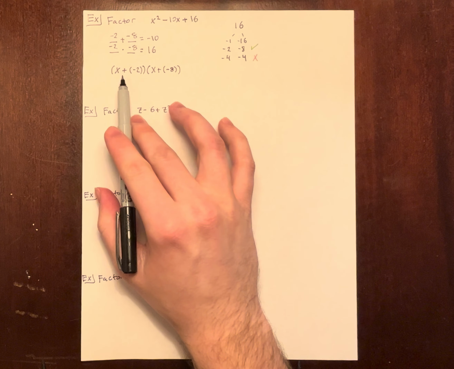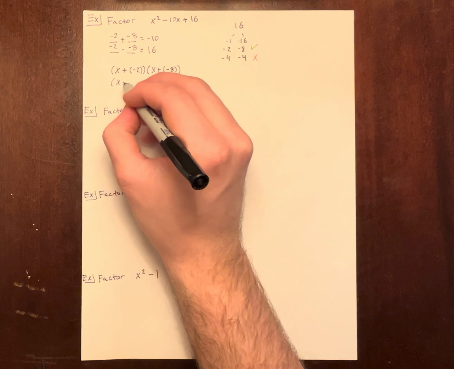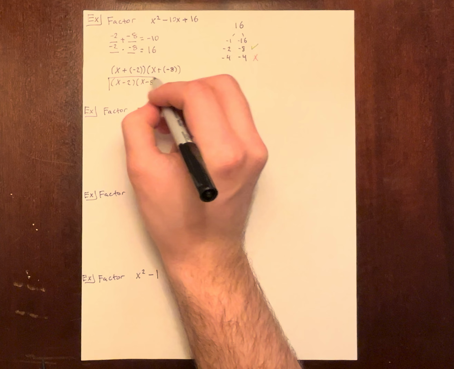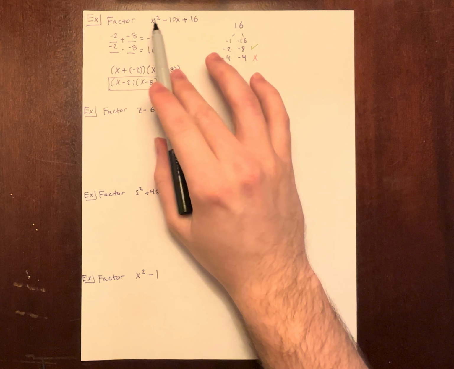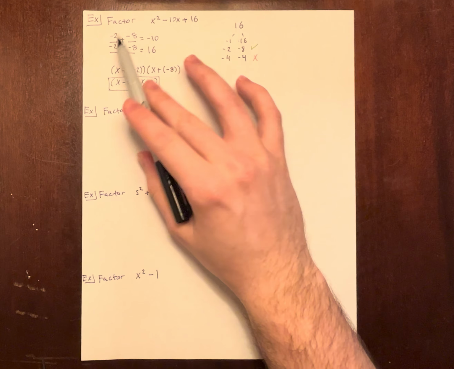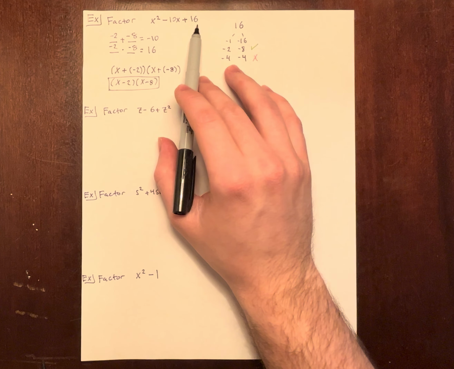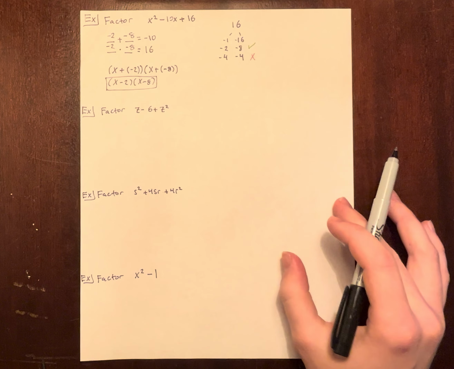And addition of a negative number just means subtraction, so you can rewrite this as x minus 2 times x minus 8. And those are our factors. Again, this is when we have a leading coefficient of 1, you find your two numbers that add to the coefficient of x, multiply to the constant term, and once you find those two numbers, those are your factors.